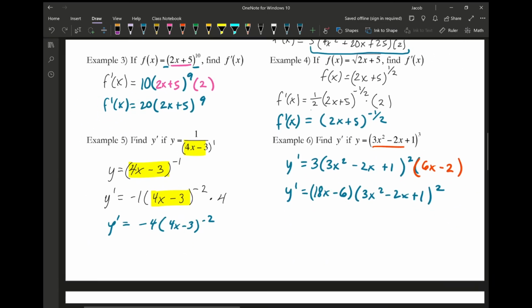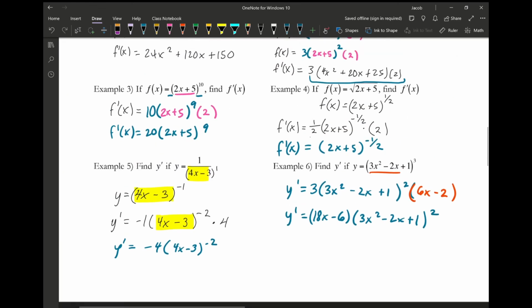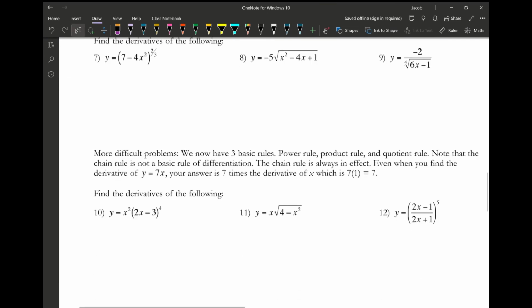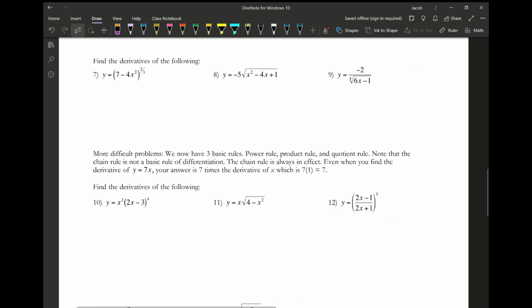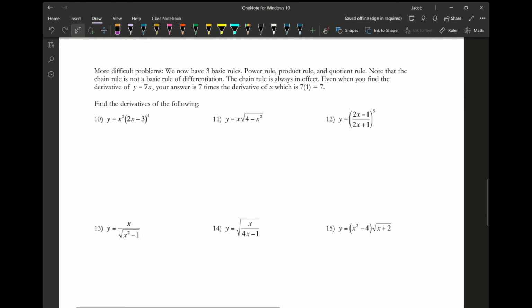So we can talk simplifying in class. But for the remainder of the worksheet, we probably won't get to them here in the video. We'll talk about them in class.